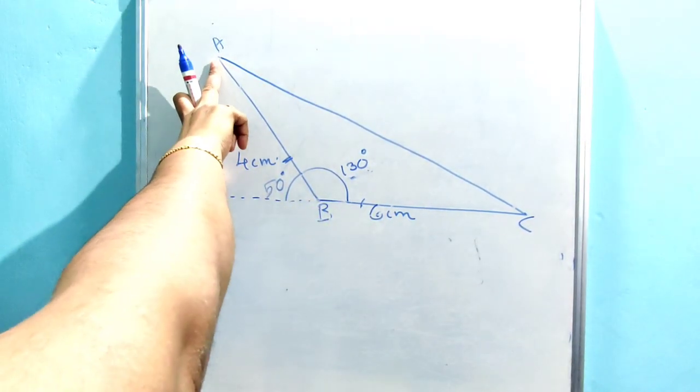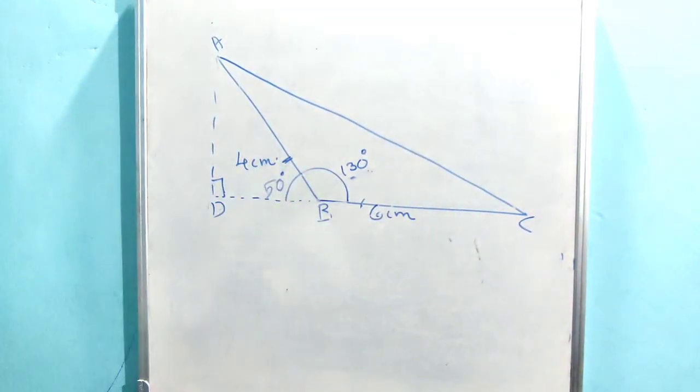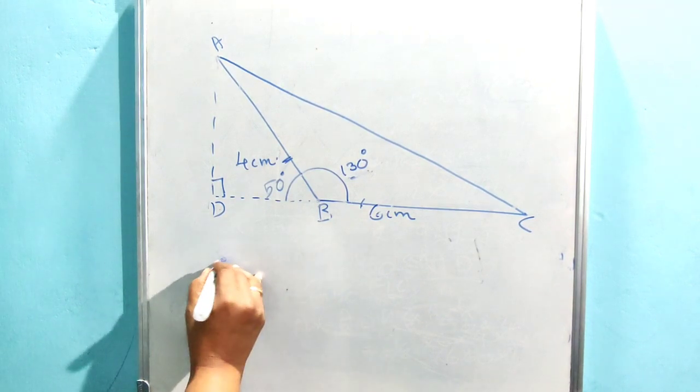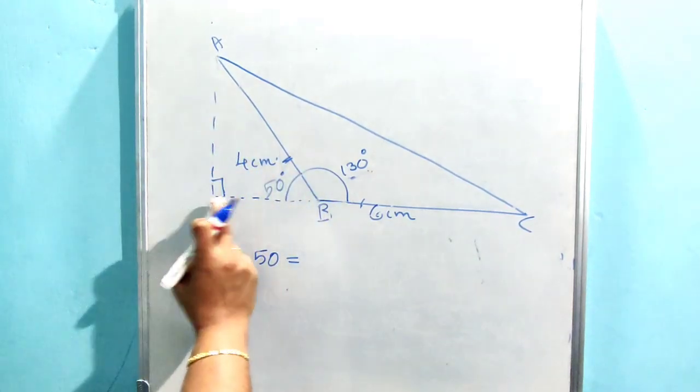Then how do we calculate this perpendicular distance of the triangle? For that we can make use of the sine value. What is sine 50 for this triangle ADB?